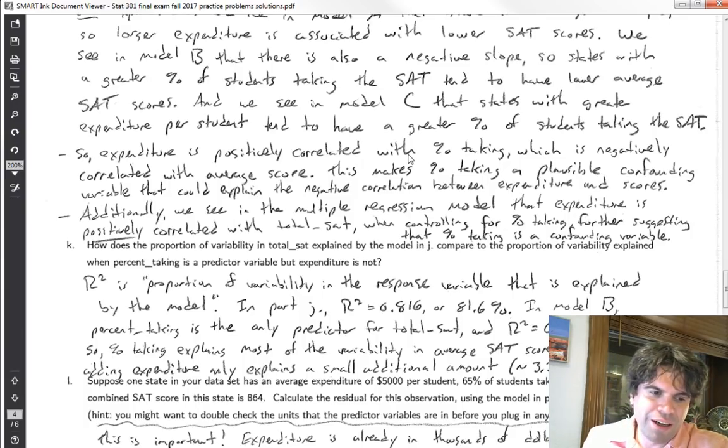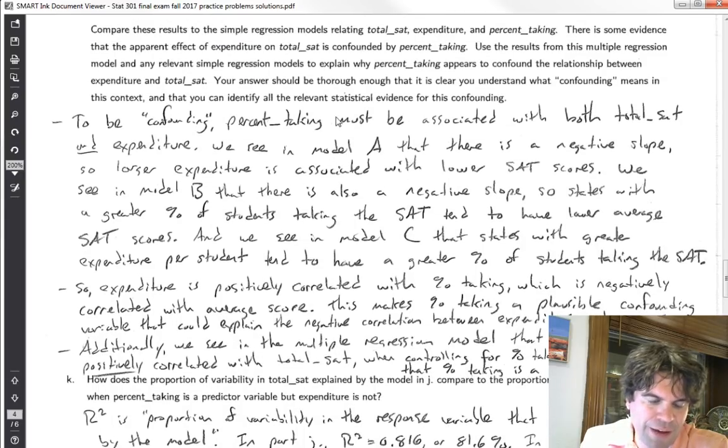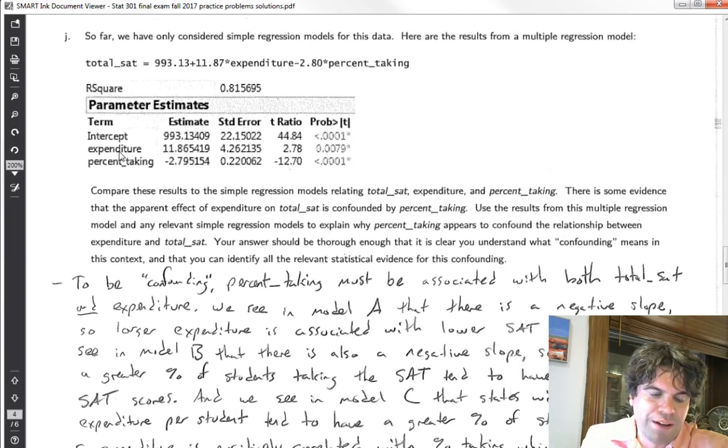So we saw in this case that yes, there is this confounding relationship where it turns out there is a positive association between expenditure and total SAT score when you control for percent taking, but it also looks like this positive relationship between expenditure and total SAT score is not accounting for a whole lot.